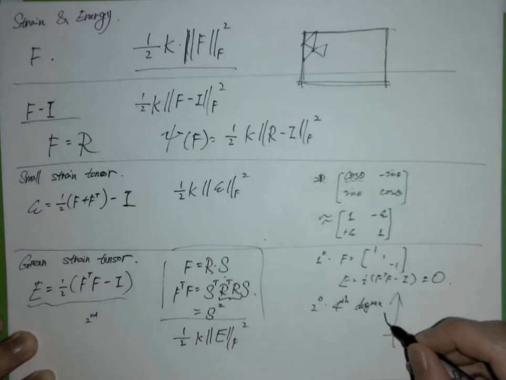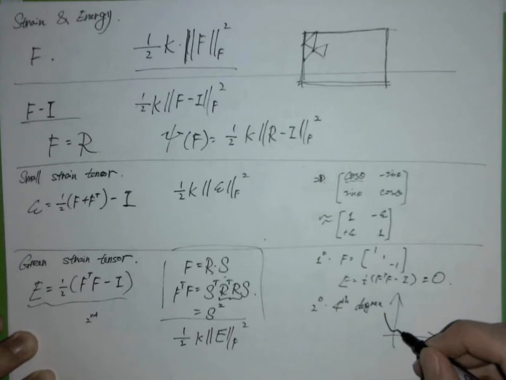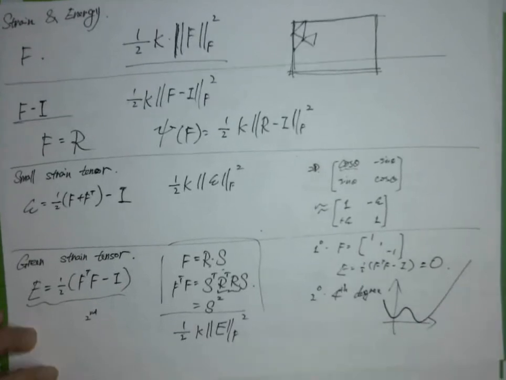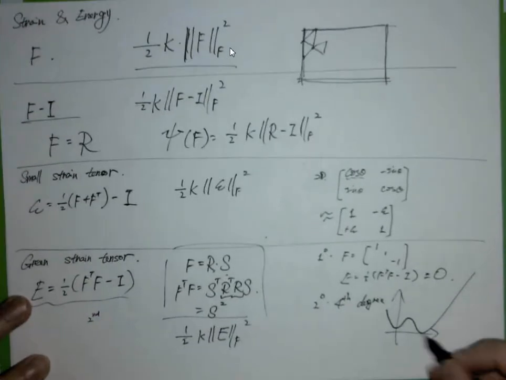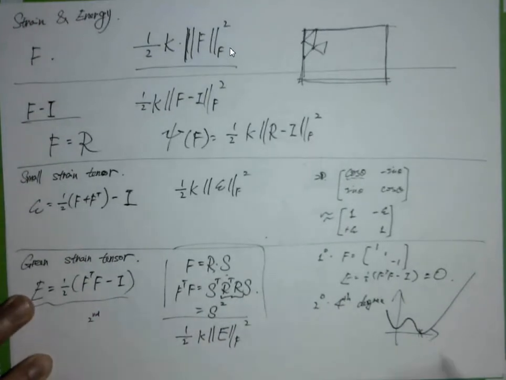It will have 2 local minimums and 1 local maximum, or 2 local maximums and 1 local minimum, depending on the sign. All right. This also happens in our case because the energy is completely zero when F equals identity, and this is one of our smallest energies. But there's also another local minimum here when F is approaching 0.